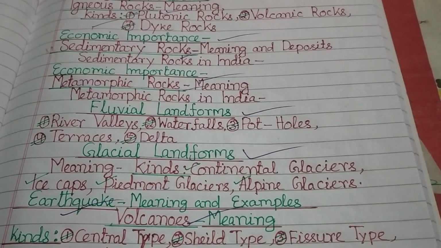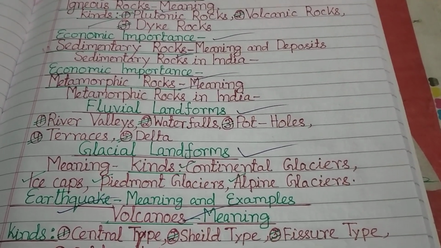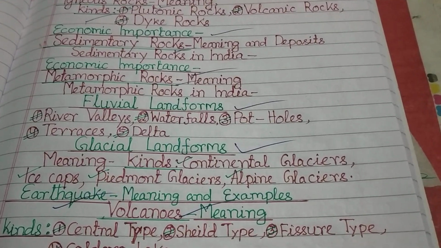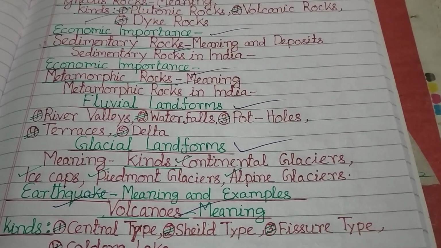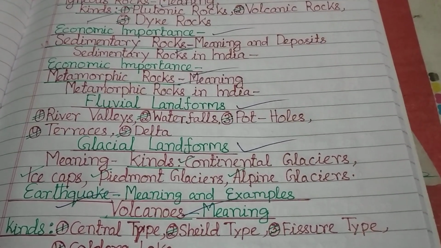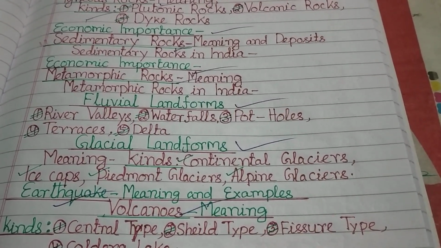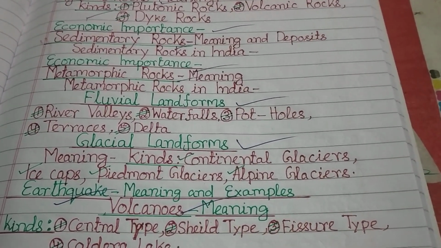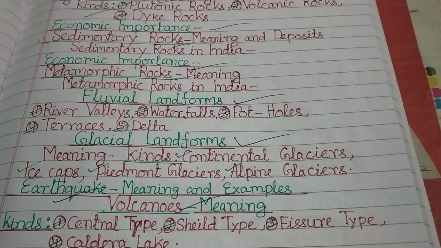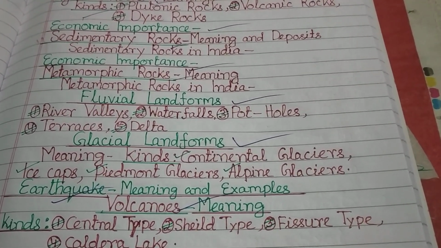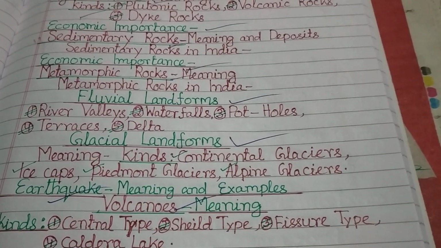Sometimes the molten matter is not able to reach the surface and instead cools down very slowly at great depths. Slow cooling allows big-sized crystals to be formed. Granite is a typical example of plutonic rock.